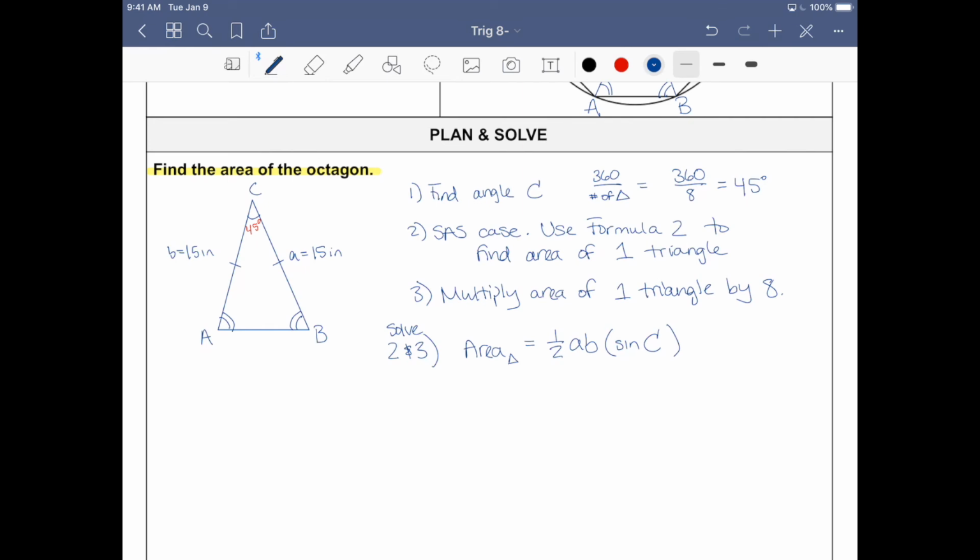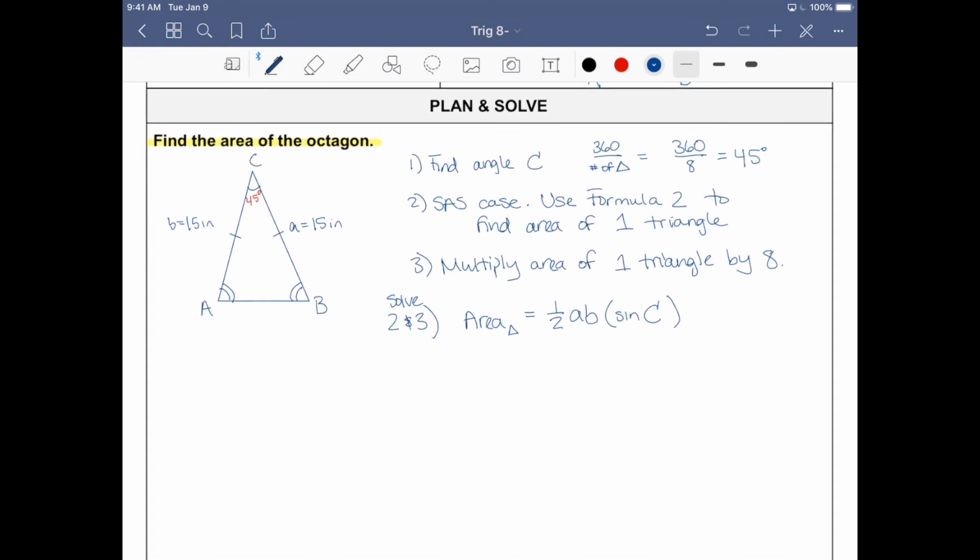I want to write out the word area, because A right now is an angle. So I don't want to write A and get myself confused. So I'm going to write out the word area, and I use a little subscript of a triangle to let you know that I'm only finding the area of one triangle there.